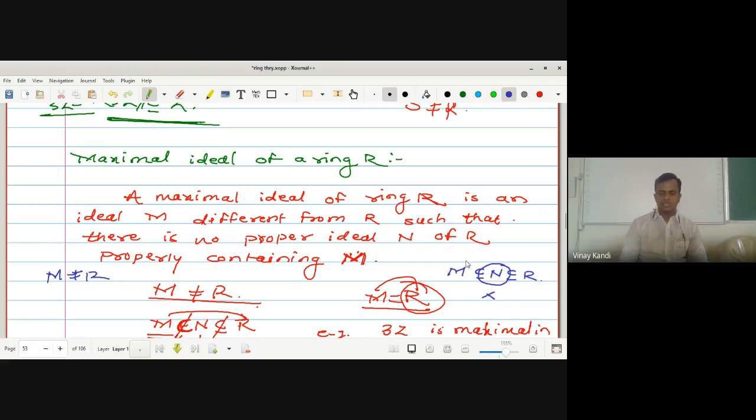Then we can say that M is a maximal ideal of R. Look at the definition: there is no proper ideal N of R properly containing M.